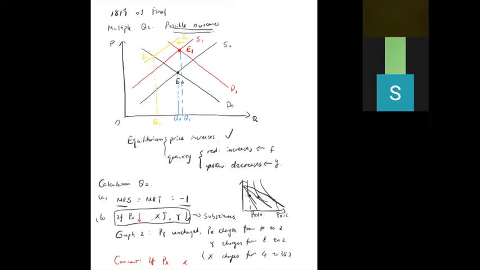Extra comments: if Px decreases, the consumption of X increases, but the consumption of Y also increases, and that means X and Y are complements. But that is not our case here according to our graph 2. So that's for part B.